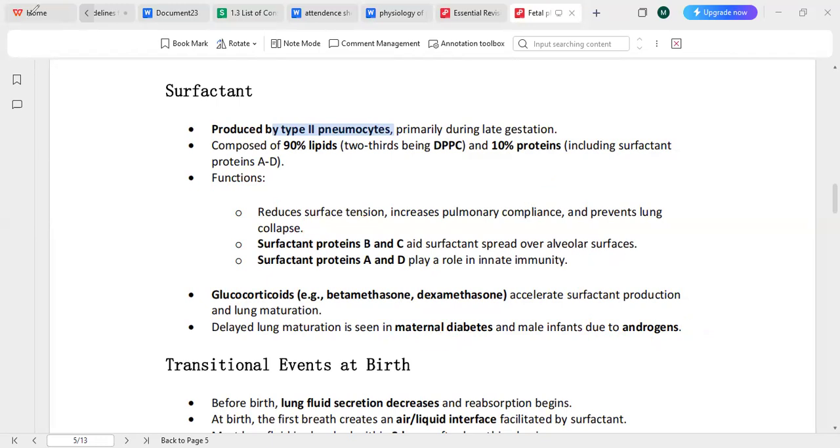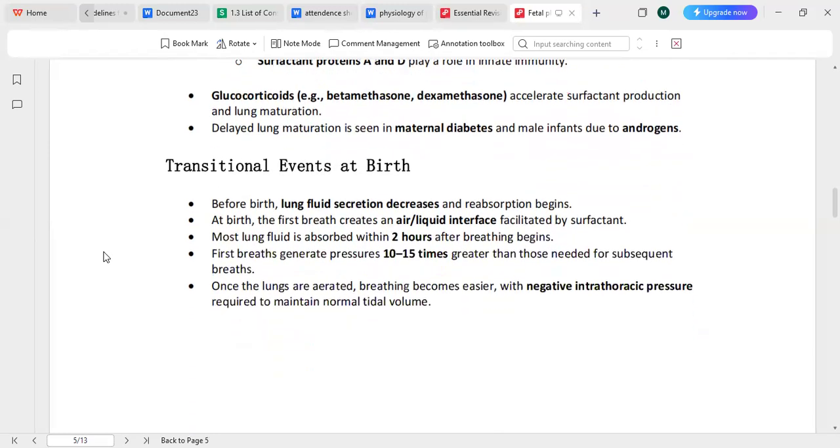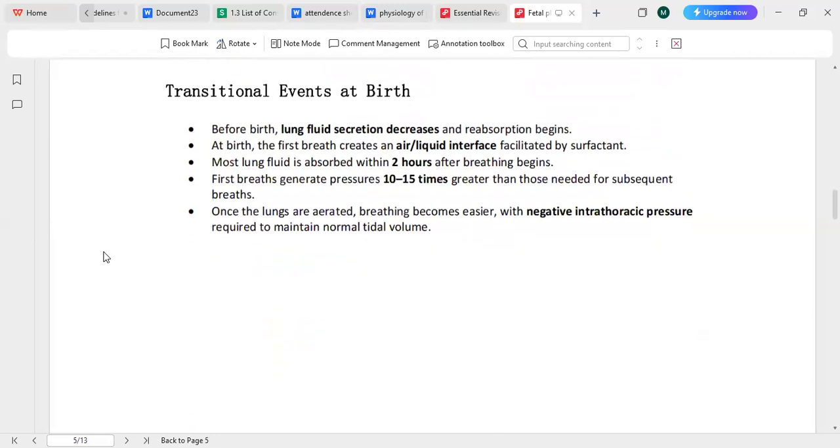What are the transitional events at birth in the respiratory system? Again, the respiratory system and circulatory system are connected. All the time I make this effort while making the notes or lectures: I try to connect the topics.